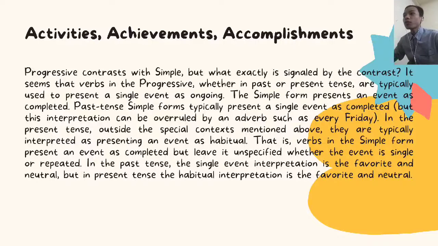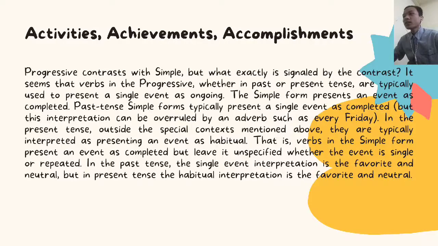Past tense simple forms typically present a single event as completed, but this interpretation can be overruled by an adverb such as every Friday. In the present tense, outside the special context mentioned above, they are typically interpreted as presenting an event as habitual.